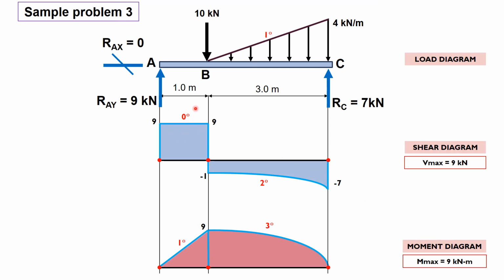Kasi minsan, kahit na ma-drawing natin na naka-curve, parang hindi nga curved line eh, no? Kagaya nito. But you can indicate the degree of the line for each. Kagaya nito, this is 0, this is 1. Ito, nilagyan ko na rin dito, 1 degree, second degree, and third degree. And again, these are the maximum shear and moment values.